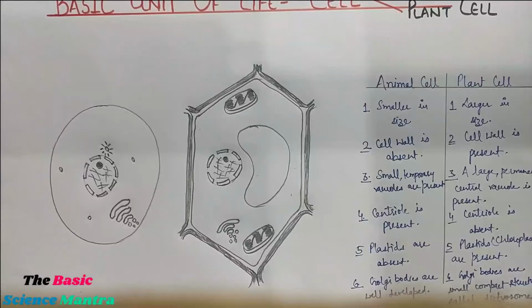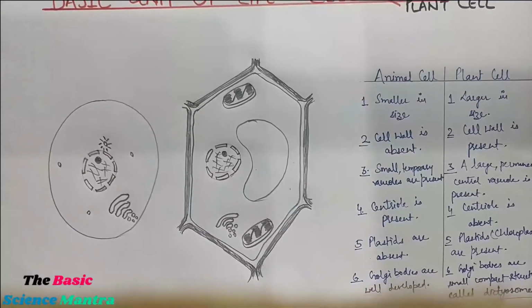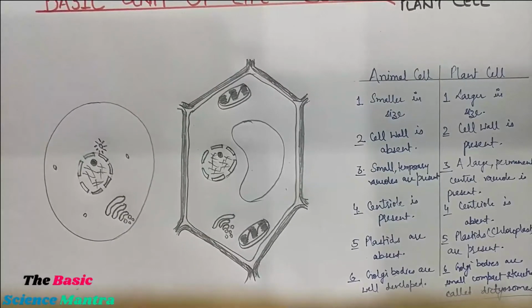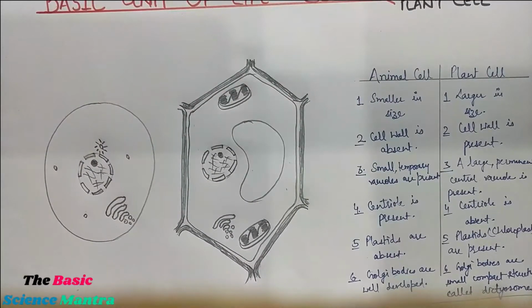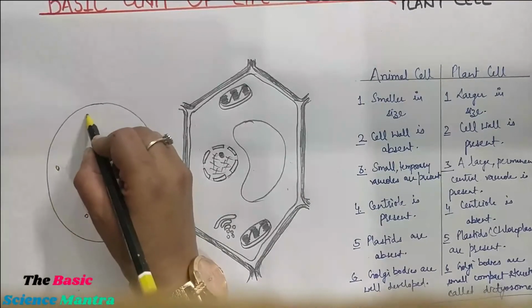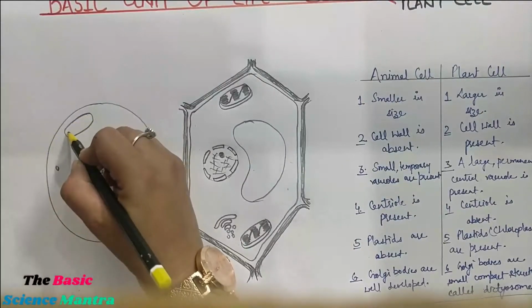So these are the 6 differences between the animal cell and plant cell. Now we'll complete the diagrams. We'll draw ribosomes, lysosomes, mitochondria and the cytoplasm also. First, mitochondria. Mitochondria is also a double-walled structure.